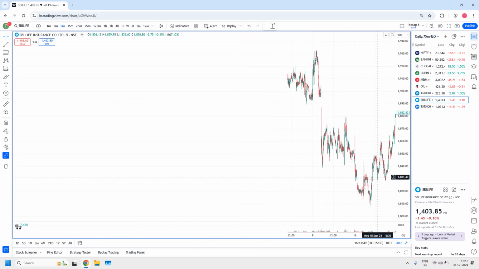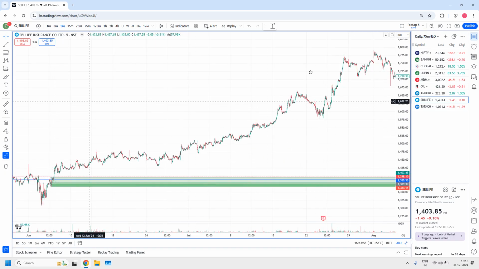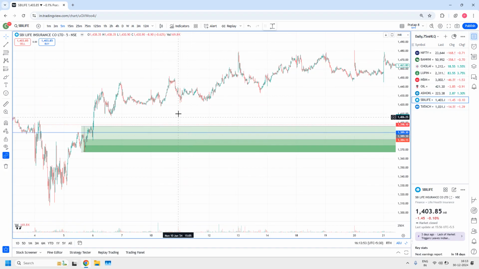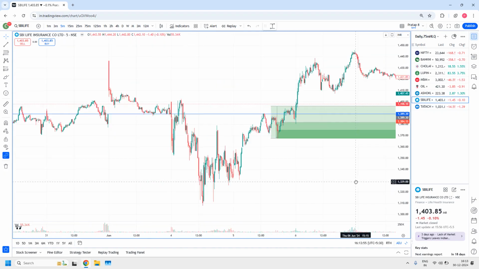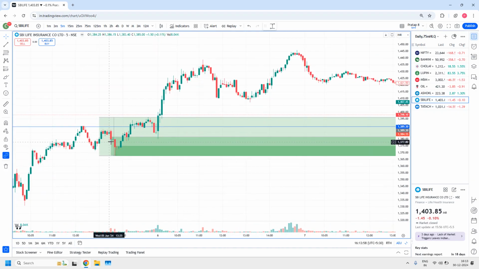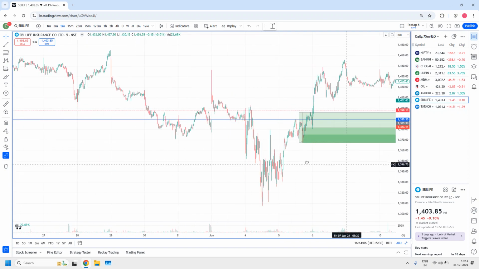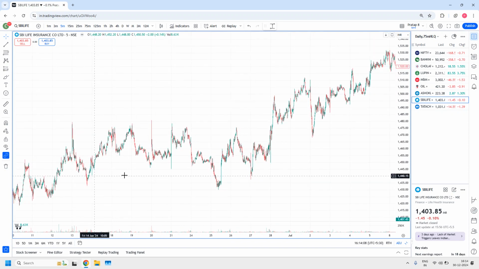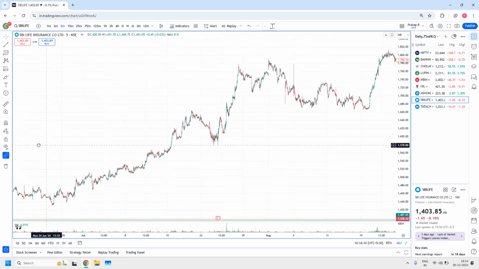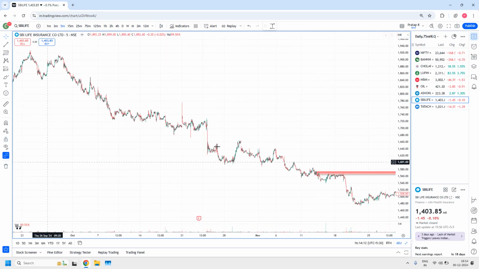Let us look into the old order flows. So here we have drop, 2 base candles, rally and follow through candles. So this is the area and this is a fresh order flow. It's not yet tested.